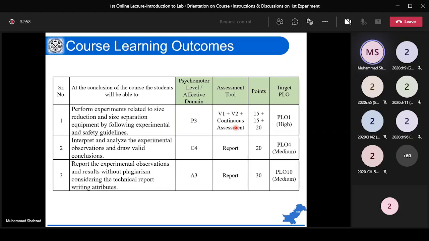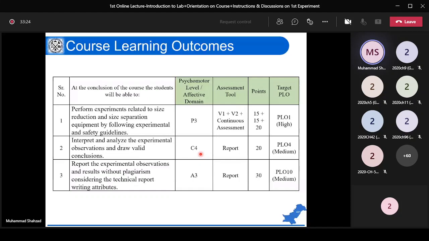You should be able to interpret and analyze the experimental observations and draw valid conclusions. That is the ability you should gain at the end of this course. And then this comes in the affective domain. That is the attitude. It is related to your ability or attitude, and it will be measured from your report.